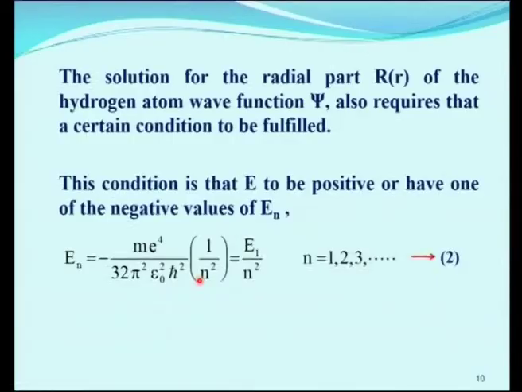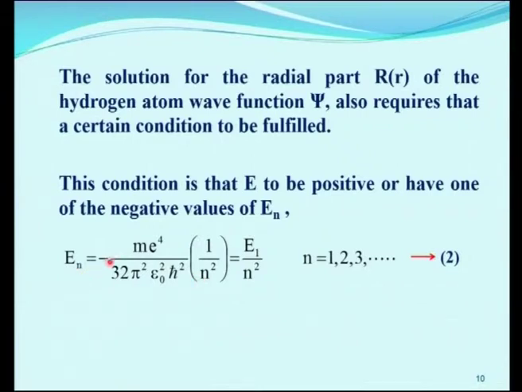Then the third part, the radial part. The solution of the radial part R of r of the hydrogen atom wave function psi also requires certain conditions to be fulfilled. This condition is that E must be positive or have one of the negative values of E n. We can write the equation for this.